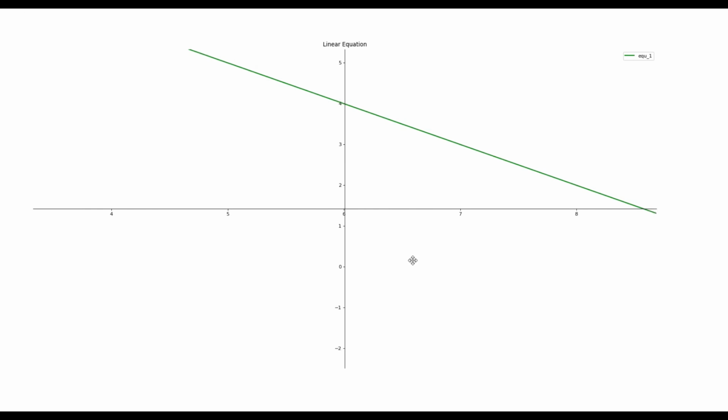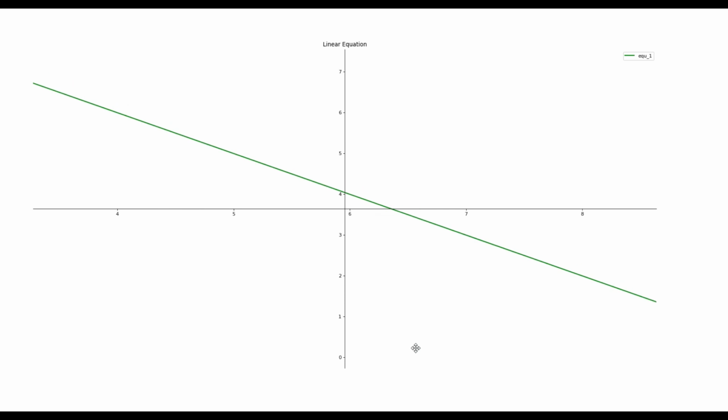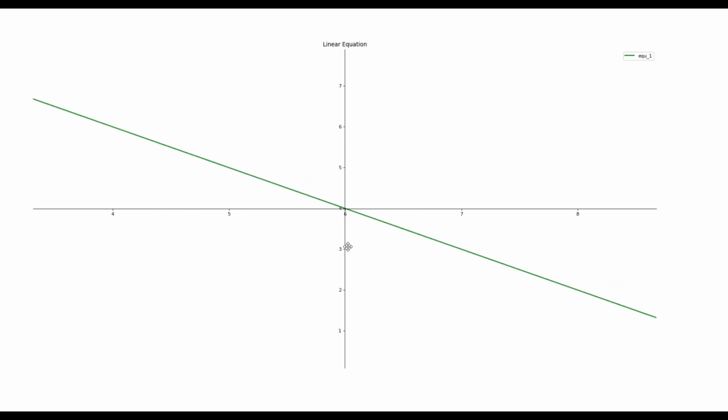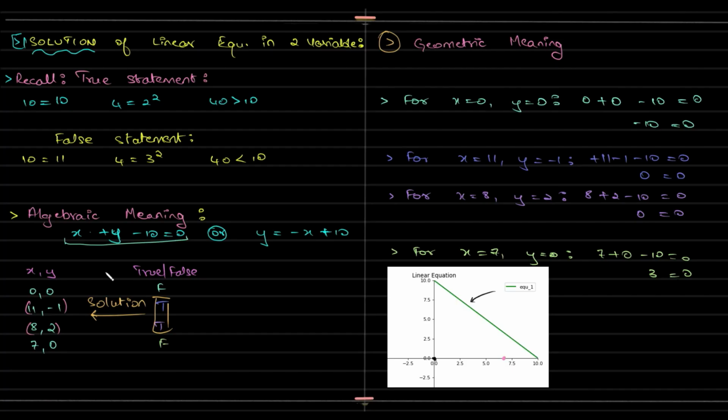So we have 6 comma 4. I'm looking at 6 comma 4. Yes, you can clearly see 6 comma 4 is a point wherein the line is crossing. Does it make sense algebraically? Well, when I substitute 6 and 4 over here, 6 plus 4 is 10, 10 minus 10 is 0. So we have a true statement. So we can clearly see that algebraically, what gives us a true statement are the points wherein the line is crossing. Basically, a line is made up of an infinite number of points.